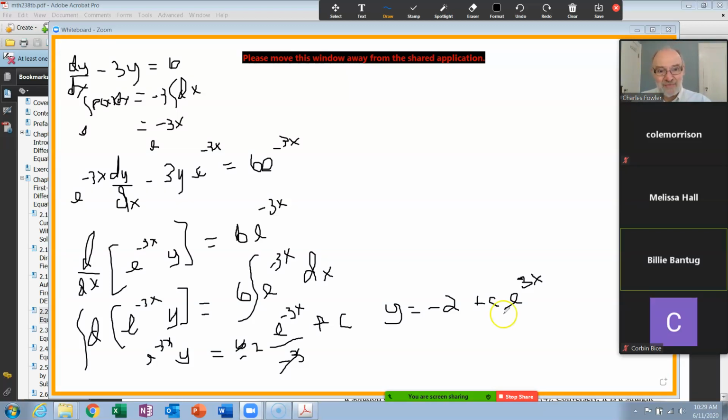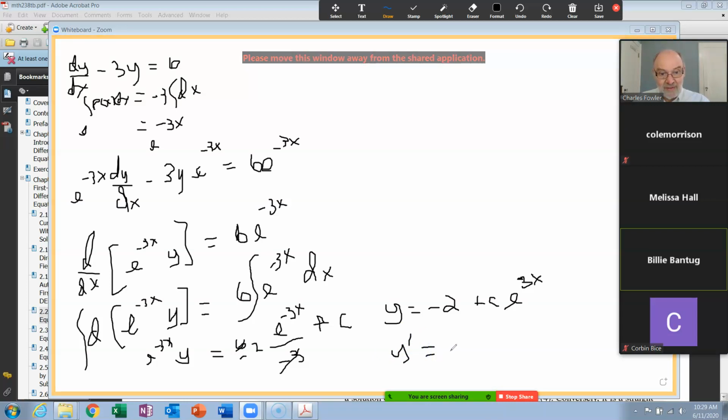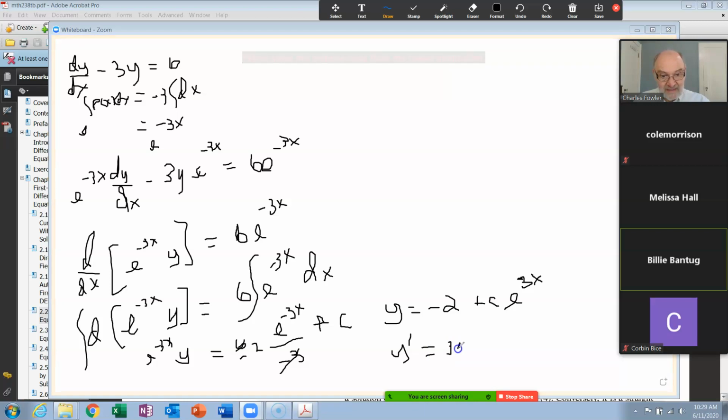I can't do it in my head too well. Let's take the derivative. I'm just going to call this y prime. I know they like calling it dy dx. I'm just going to call it this. This is equal to 3c e to the 3x.